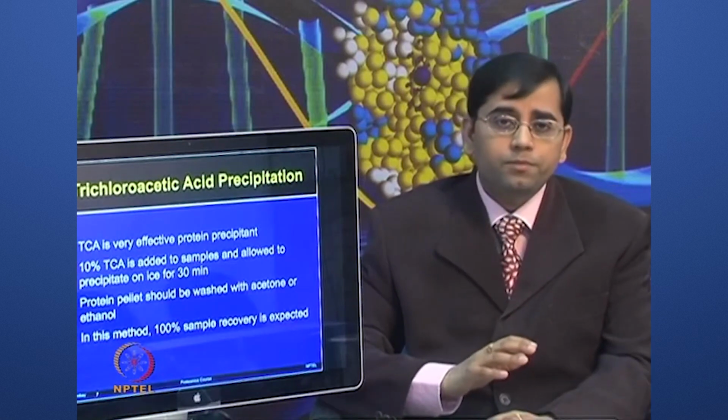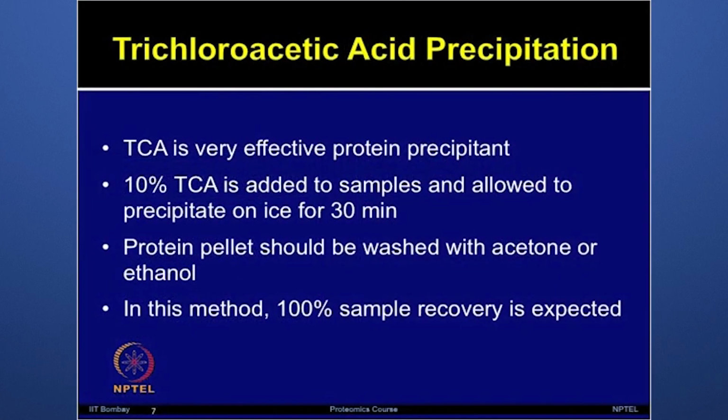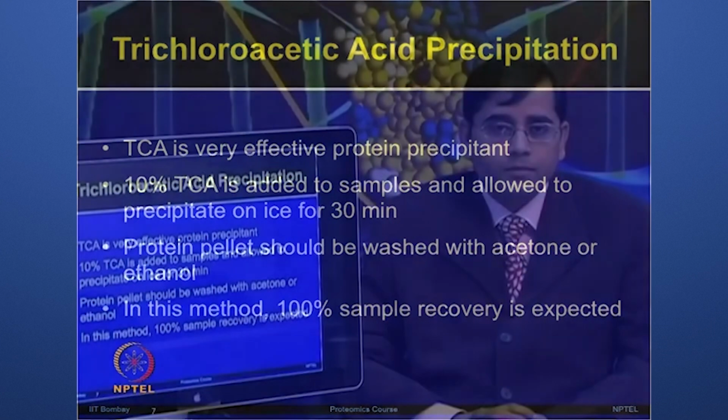Now, let us talk about TCA or trichloroacetic acid precipitation. TCA is a very effective protein precipitant. One can use 10 to 20% TCA, usually 10% TCA is commonly added to the samples and then allowed to precipitate in ice for almost half an hour to 1 hour.